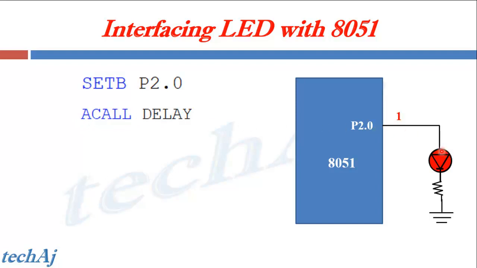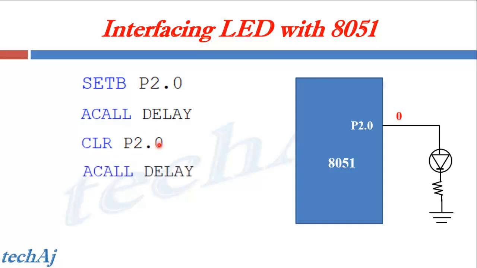After the delay, to turn the LED off, we have to send logic 0 on this pin. As soon as we send logic 0 on this pin, the LED will turn off. To send logic 0, we can use the command CLR P2.0, which will clear the logic state on this pin to logic 0.